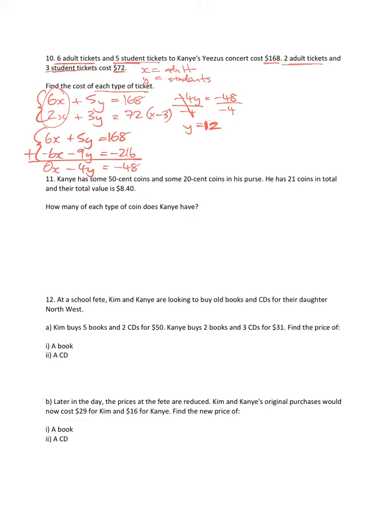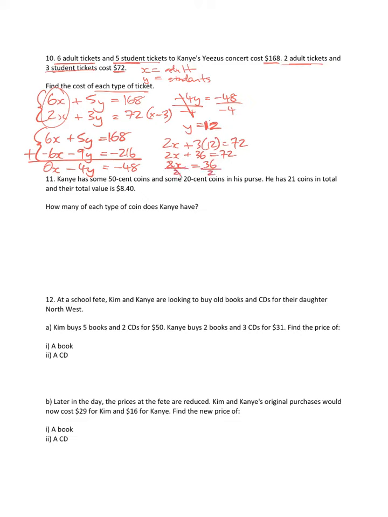That's not the full solution though, because that's just the student tickets. I need to know what adult tickets cost. So chuck it into one of the formulas. Chuck it in the second one. 2x's plus 3 lots of y, which are 12, is equal to 72. 2x plus 36 is equal to 72. 2x, opposite of adding 36 is taking 36. 72 take 36 is 36.